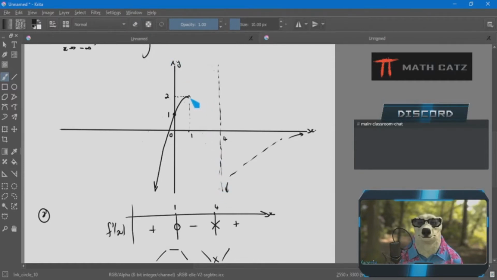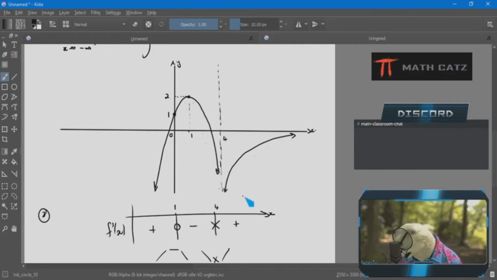I don't necessarily have symmetry here. I just bend to whatever is comfortable. There we go. Then it's just going to be a very simple, straightforward, sort of rational function looking portion on the, whoa, come on, not that bendy. On the right here. Simple enough. And there we go.